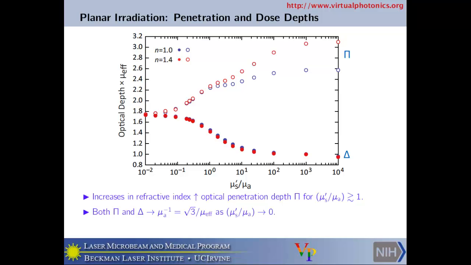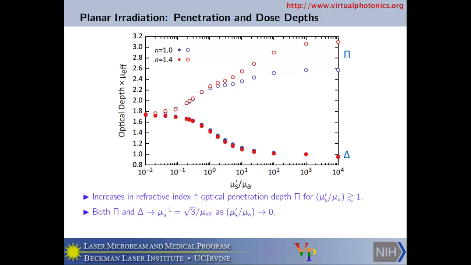The symbols are all Monte Carlo results. I've plotted 2 depths. The penetration depth, which is the depth at which the fluence rate falls to 1 over e of the incident light. And this dose depth, which is the depth at which, when you integrate the energy absorbed, you get roughly 2/3 of that energy absorbed.